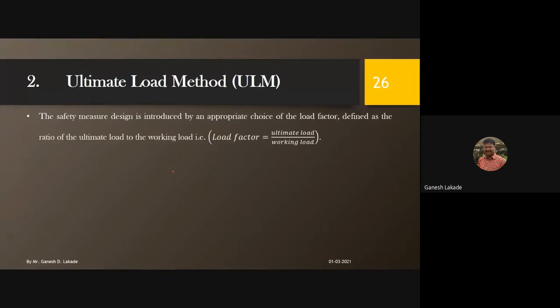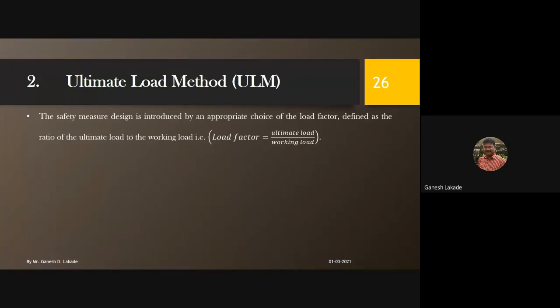Okay, let me tell you. Ultimate load is the maximum amount of load that can be carried by a particular member. So we can say it is the load carrying capacity of the member. Ultimate means the maximum load that can be carried by the element before failure of that element or material.